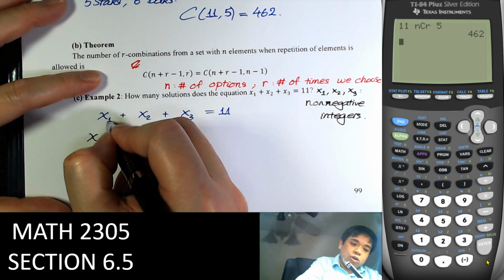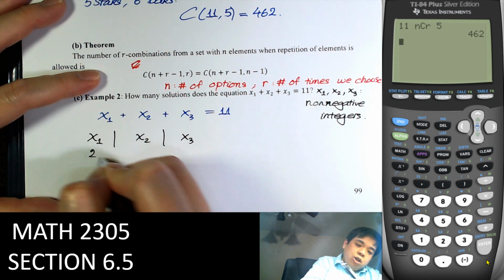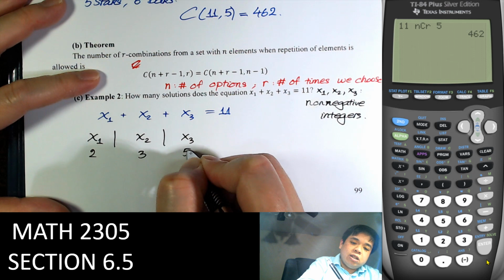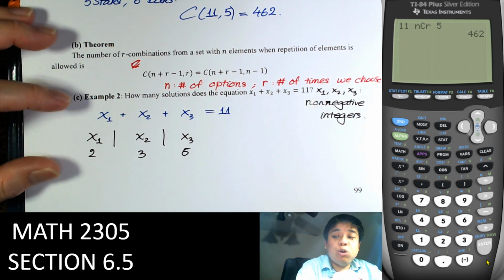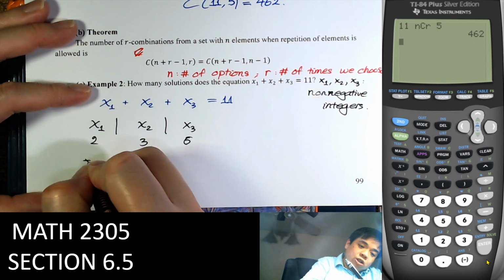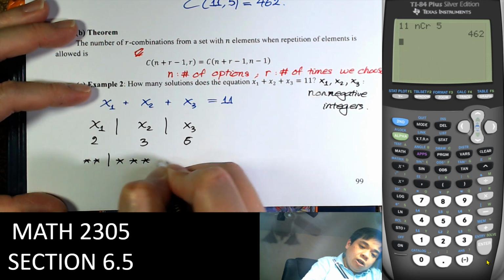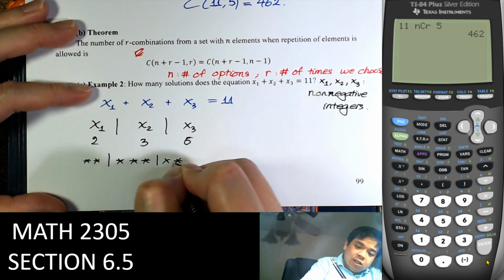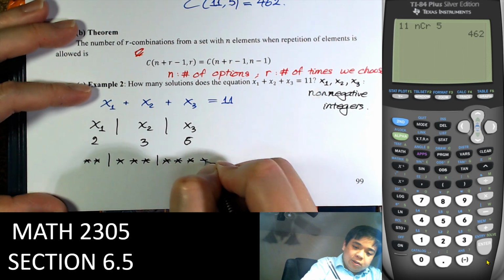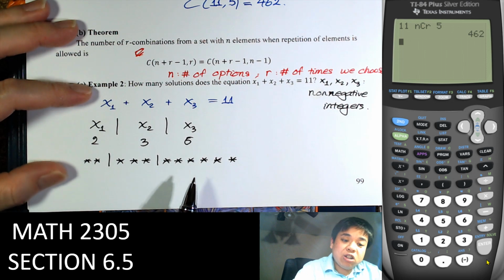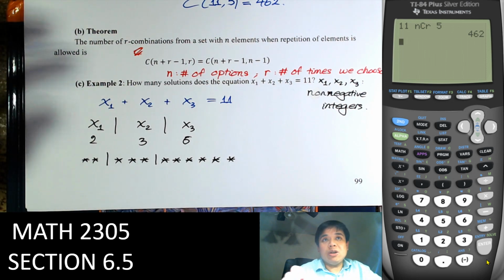For example, if we have the solution 2, 3, and 6 that adds up to 11, that means we have 2 stars for x1, a bar, 3 stars for x2, another bar, and then 6 stars. So in that case we have 11 stars and 2 bars, so 13 in total.